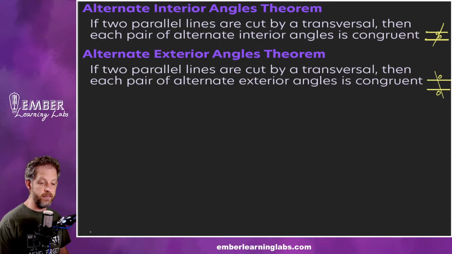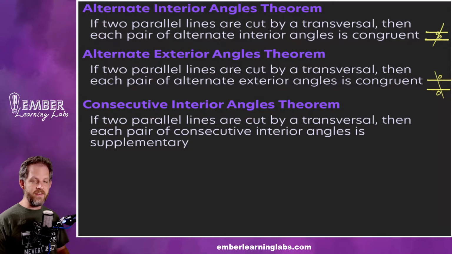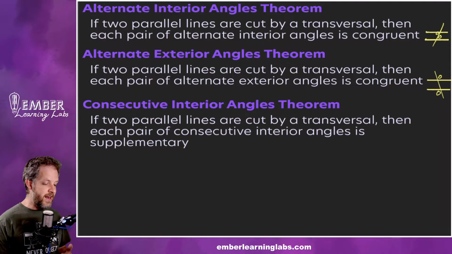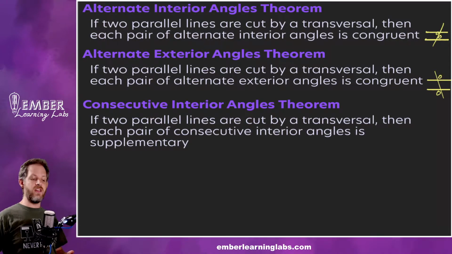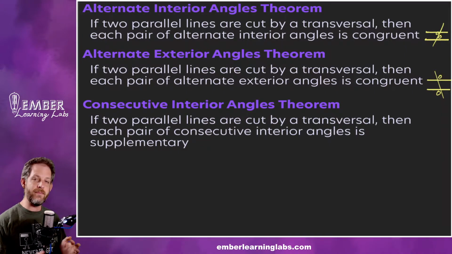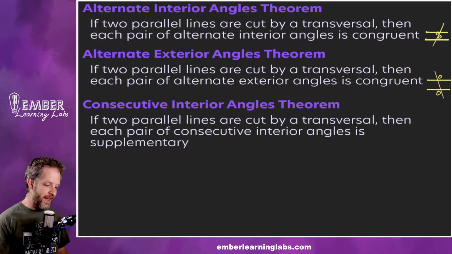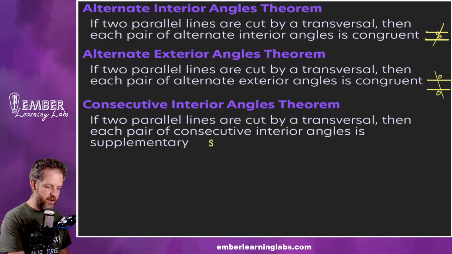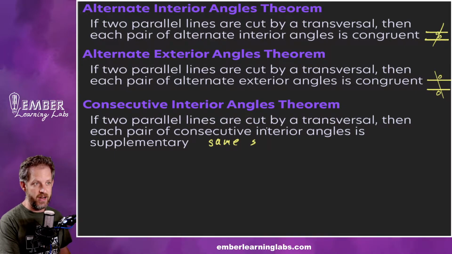Easy peasy, lemon squeezy. The next one is the consecutive interior angles theorem. I said in our last video that instead of calling it consecutive interior, I prefer calling it same side interior. I also gave you a spoiler for one of the reasons why: you can remember same side supplementary.